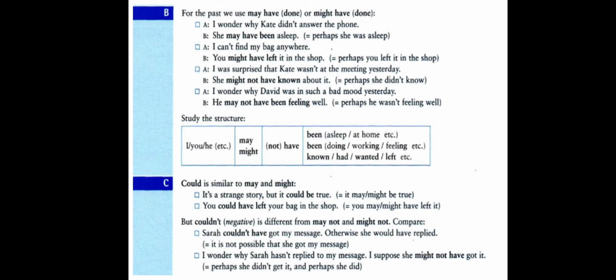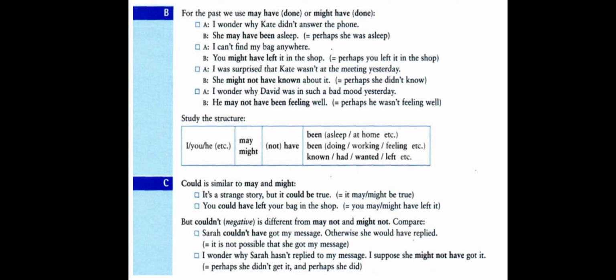You may not have been doing it. You might not have been doing it. He might not have been doing it. I may not have been working. You may not have been working.